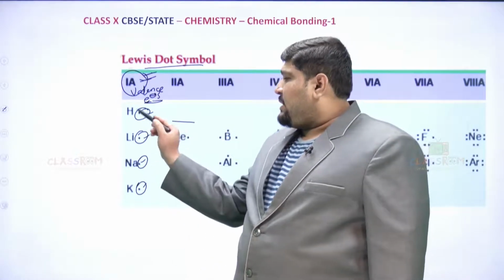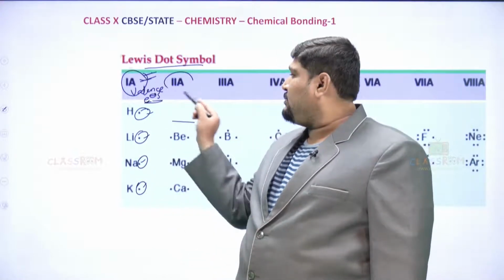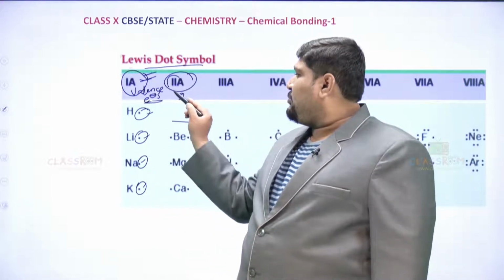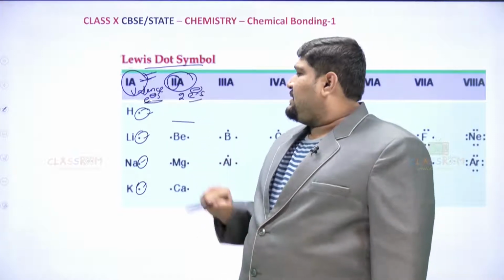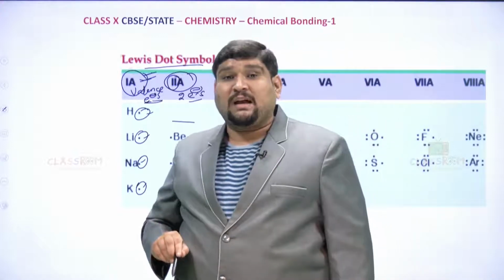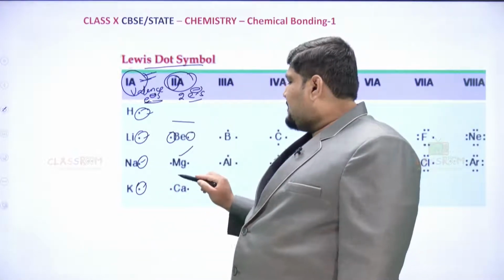Examples are hydrogen, lithium, sodium, potassium. In the same way, the second group indicates that the elements contain 2 valence electrons, as in beryllium, magnesium, calcium.